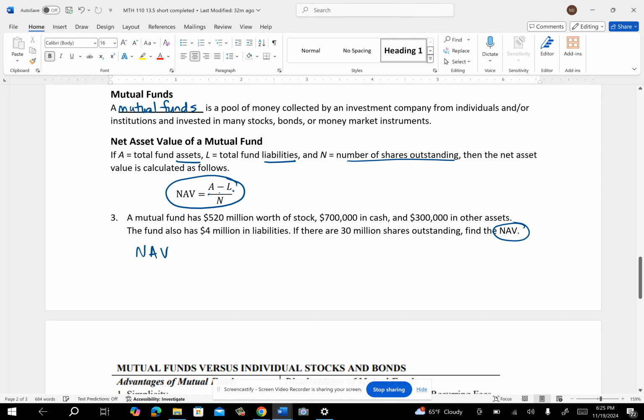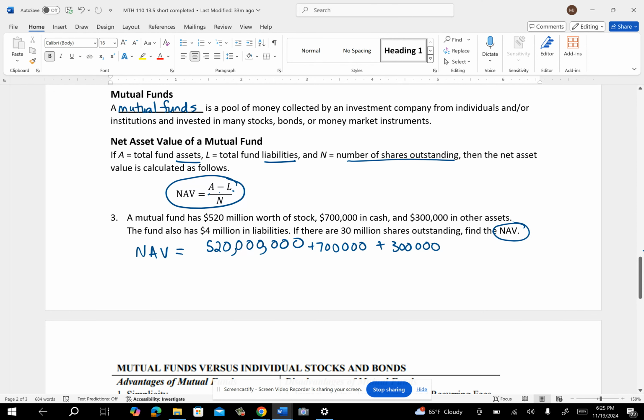So for this one, they have 520 million. I'm going to go ahead and write out those 6 zeros in stock. They also have $700,000 in cash and 300,000 other good stuff. So it could be bonds or some other things.